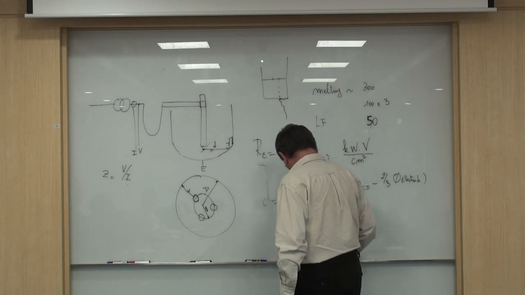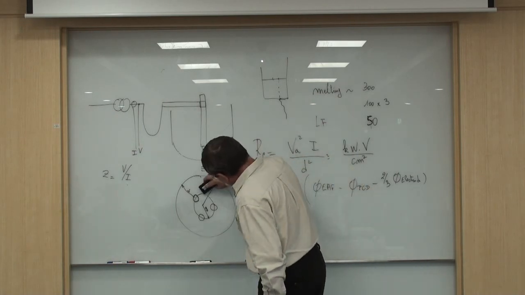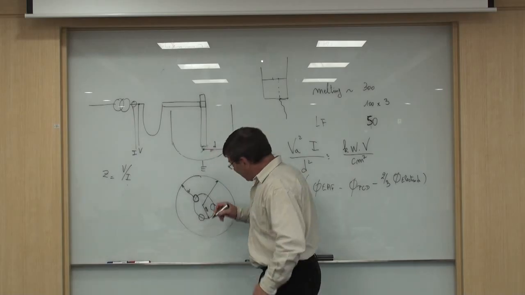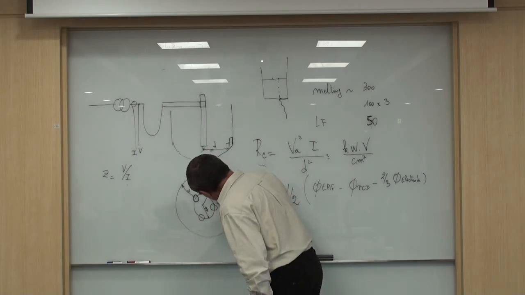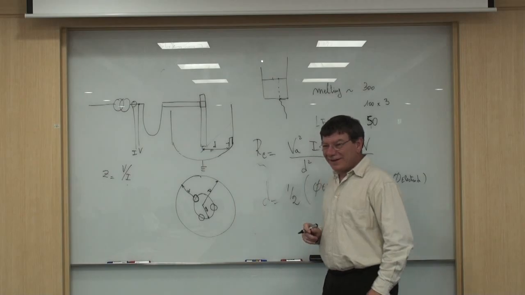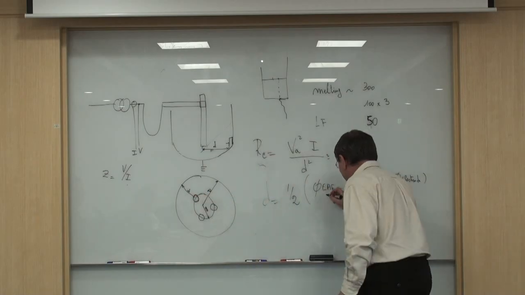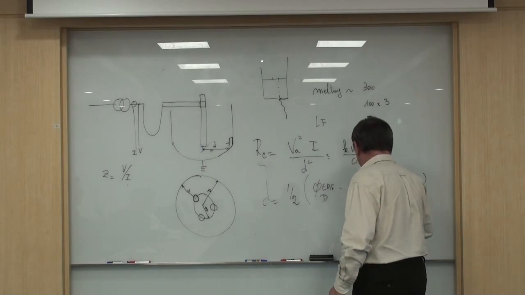I have this line and I write D on this line. Big D, small d. Isn't it R? This is big D, this is small d.